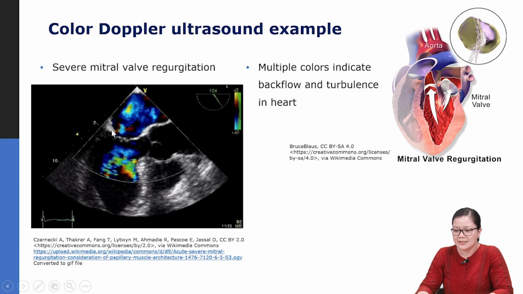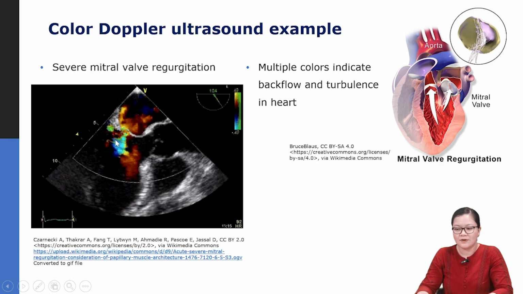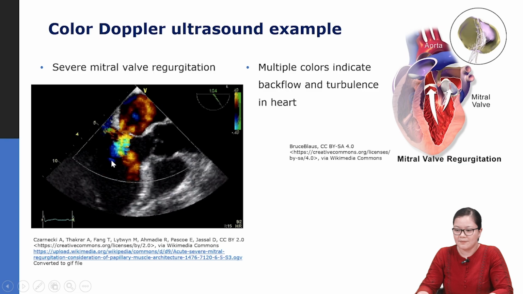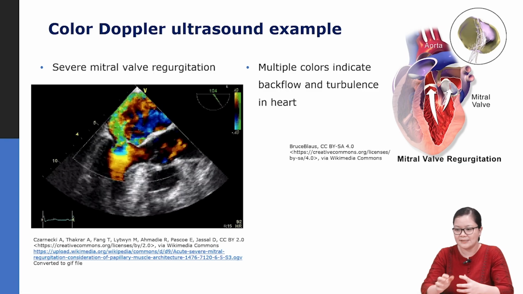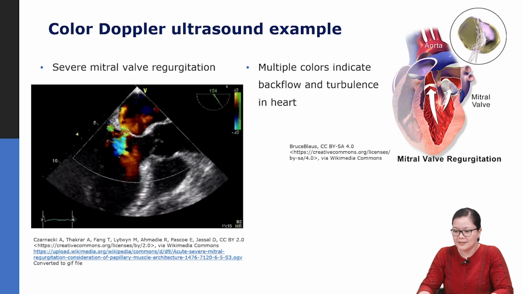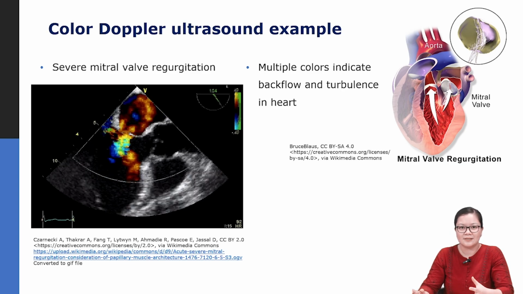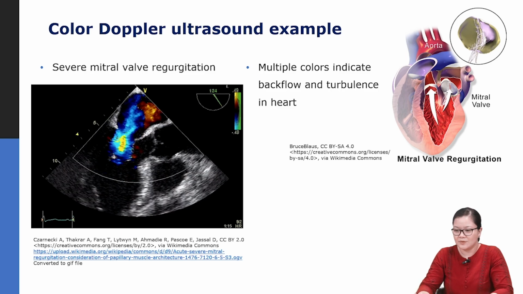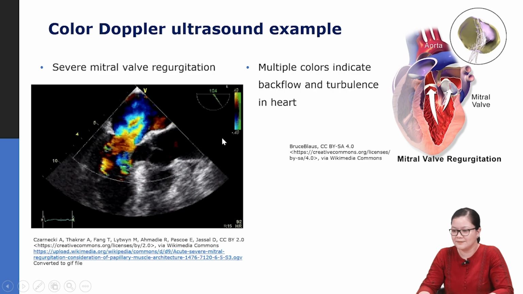And you can see that this mitral valve, one of these heart valves, is not functioning properly, because looking at the color map, you see red and blue hues mixing around inside the heart chambers. This is an indication that there could be some flow reversal or backflow through the mitral valve, and that is not good for the heart.